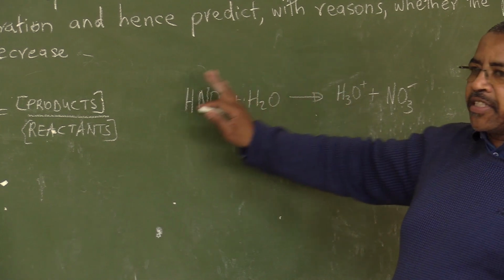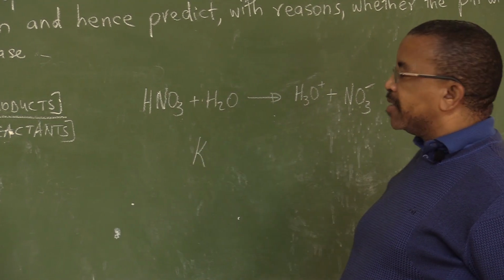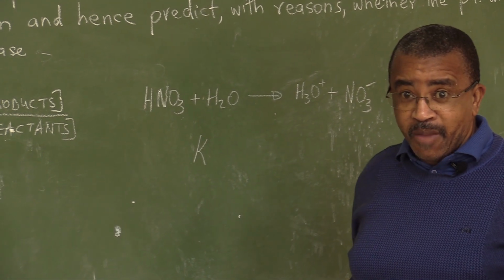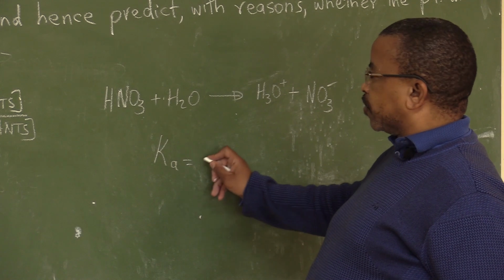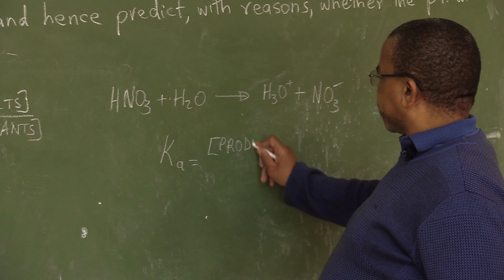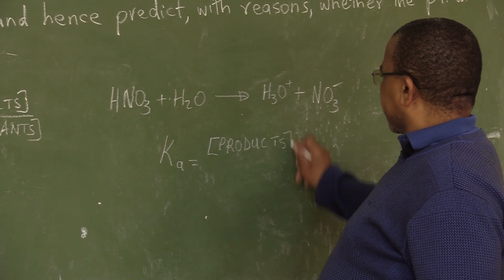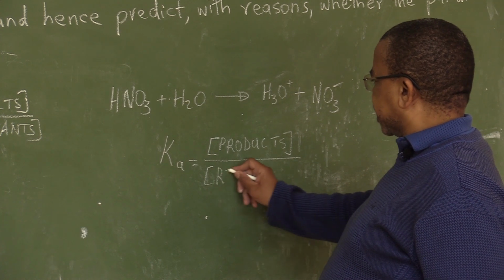Now what is the expression for Kc of this one? We know that Kc in this case is Ka because it's the constant of an acid. Ka is concentration of products as against concentration of reactants.